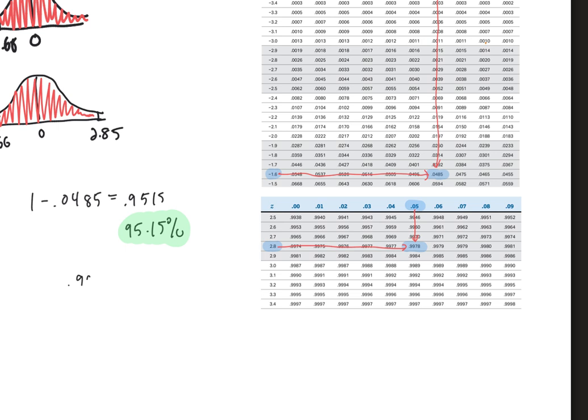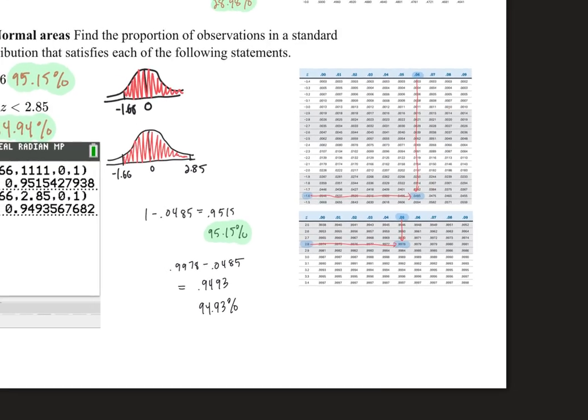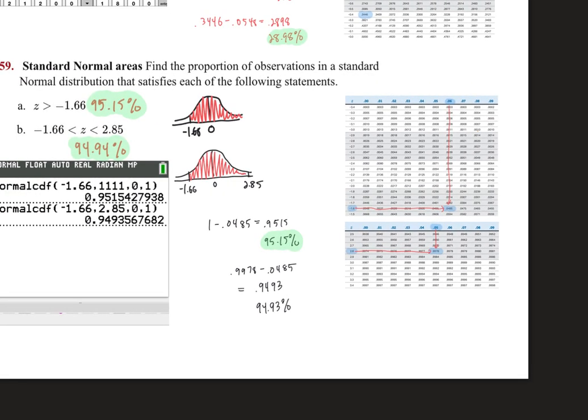Just do 0.9978 minus 0.0485. I'm doing this in my calculator, and it's 0.9493, 94.93%. Okay, and that's basically what we got, 94.94% if it's rounded.